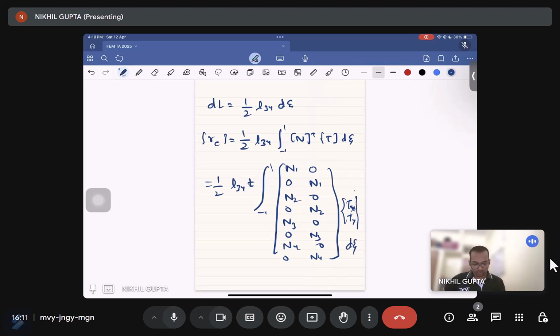So you know all N's, so you can get the value of nodal load vector from this equation.